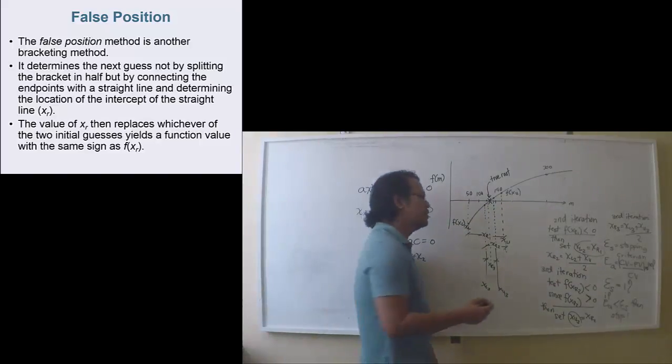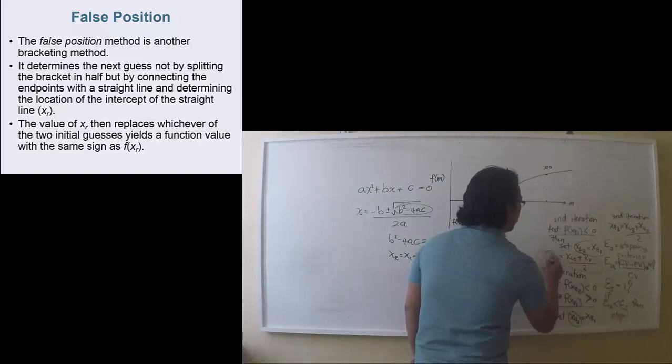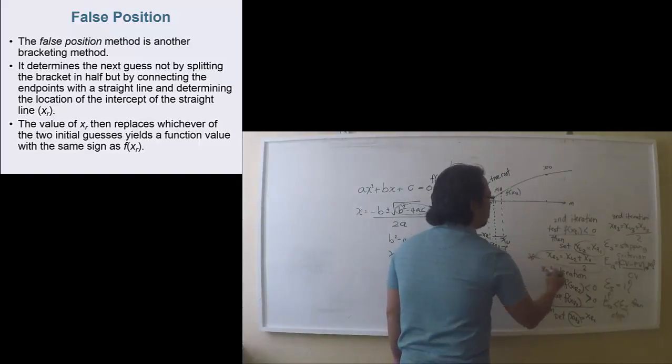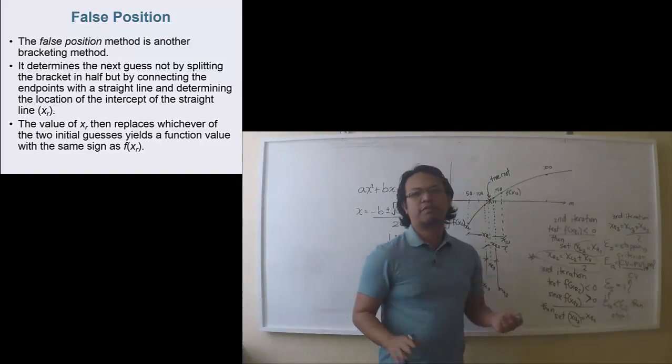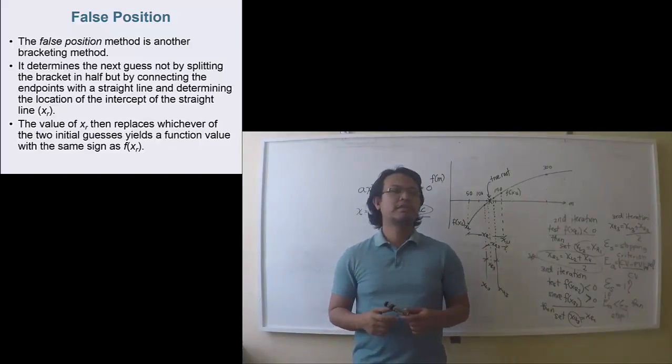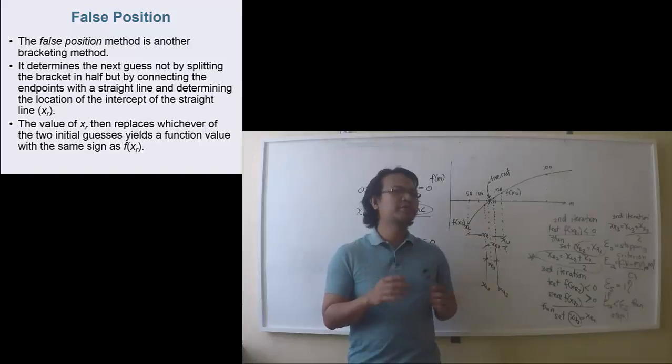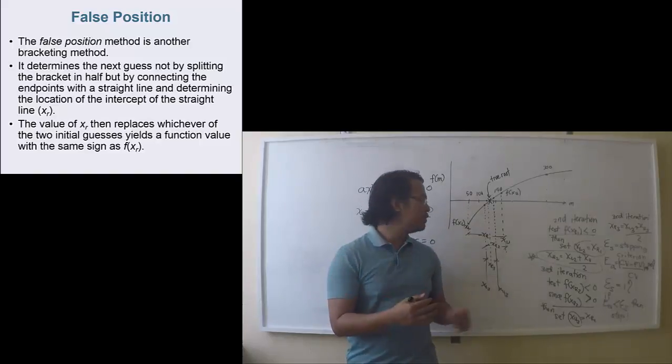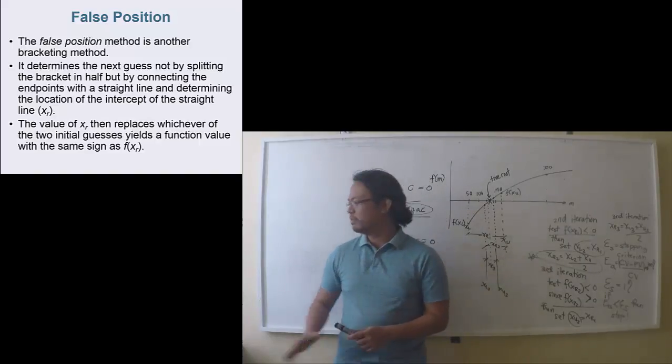So the main difference is only this one. Okay. So this is for the bisection method. For the regular falsi or false position method, what is the difference? What is the equation to solve for XR? We will do that.